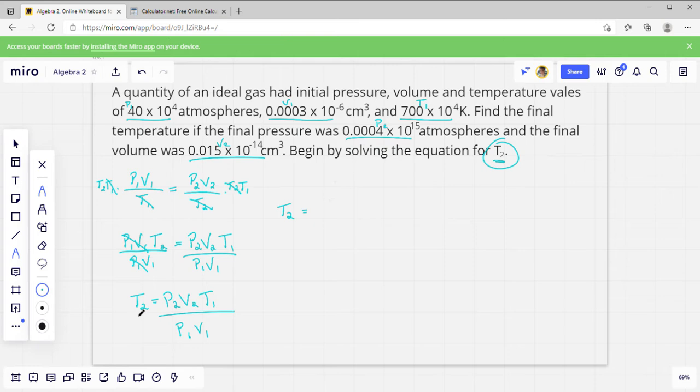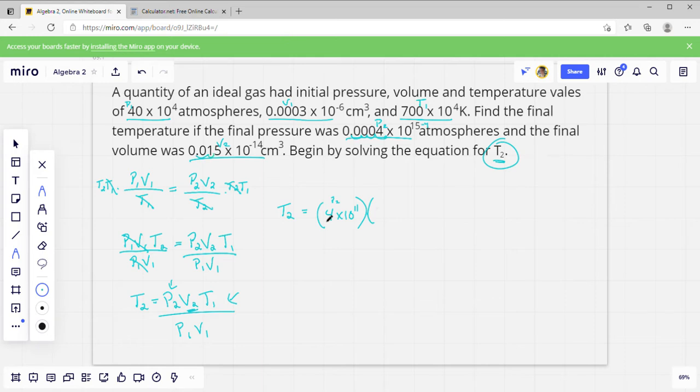P2, I've got that one right here, and I'm going to change that into proper scientific notation. 1, 2, 3, 4, I moved it. So I'm going to have 4 times 10, and 15 minus 4 will be 11. All right, that's my P2. And then I'm multiplying that times V2, which would be right here. I'll change that, 1, 2.